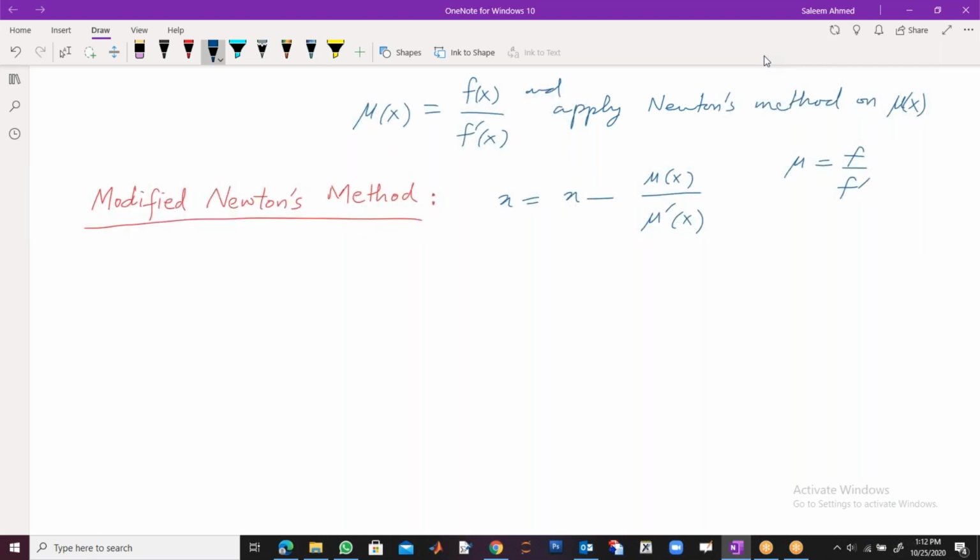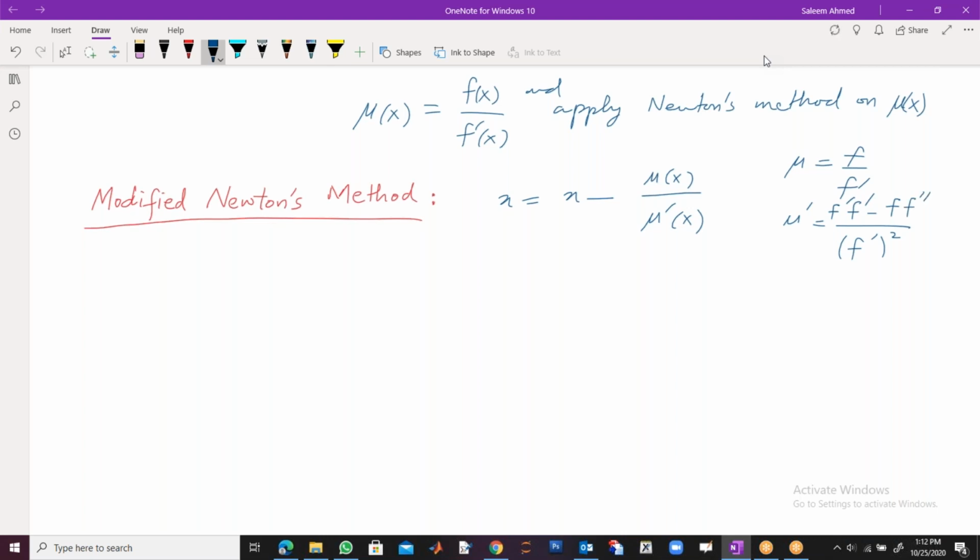So I need the derivative. So what will be the derivative here? I will use the quotient rule: f prime squared, f prime squared minus f f double prime.